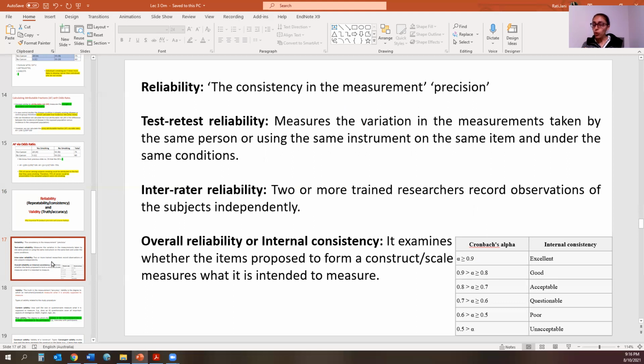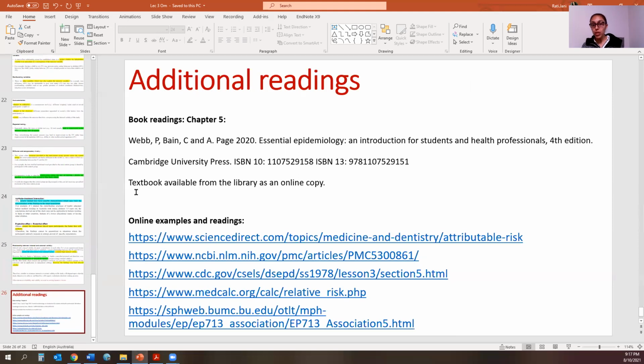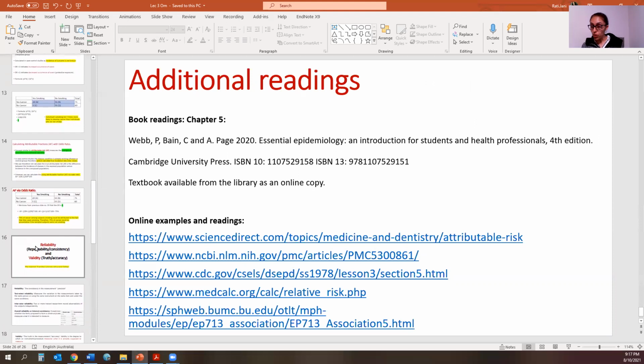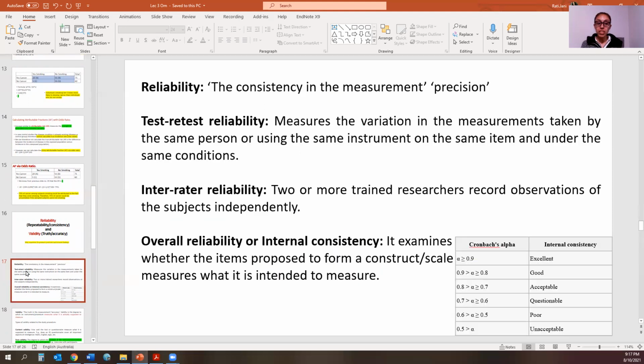If you're interested in this topic further, which is above and beyond the scope of this unit, you are free to go to this textbook and read up on other measures of association that are out there. But of course, you will only be assessed on what I teach you, which are the four measures of association that we have covered.